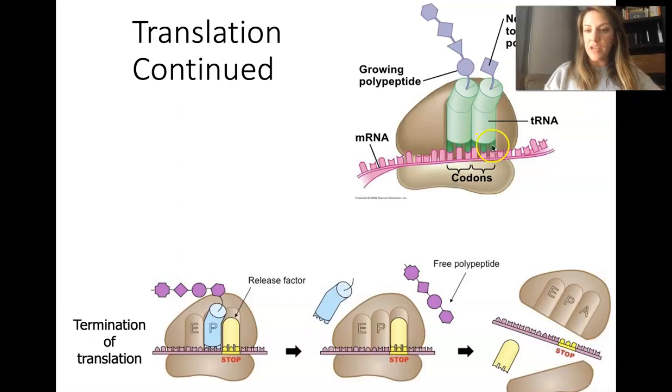So a tRNA comes along and base pairs with this codon, and it's a coding system that adds this amino acid to this polypeptide chain. Okay? And so that continues along. This codon is red. As it moves over, then you're going to have this next 3 nucleotide codon red, and a different tRNA comes along and adds the amino acid to the chain.